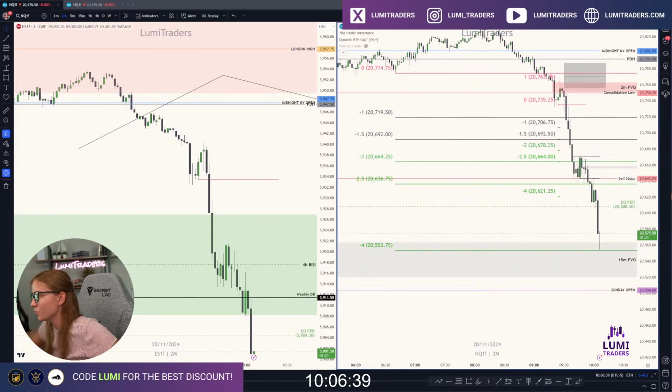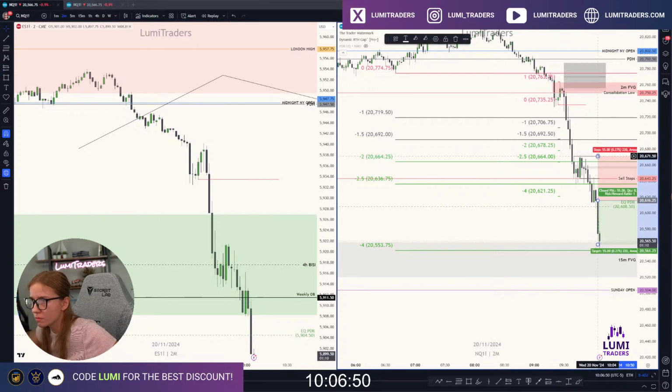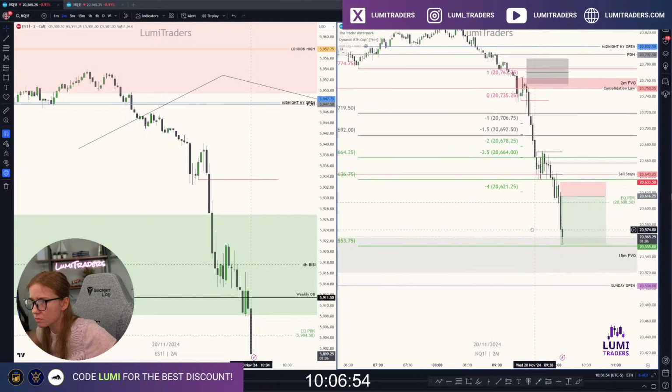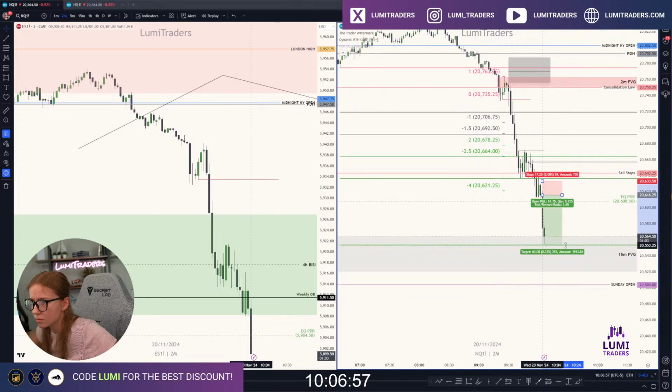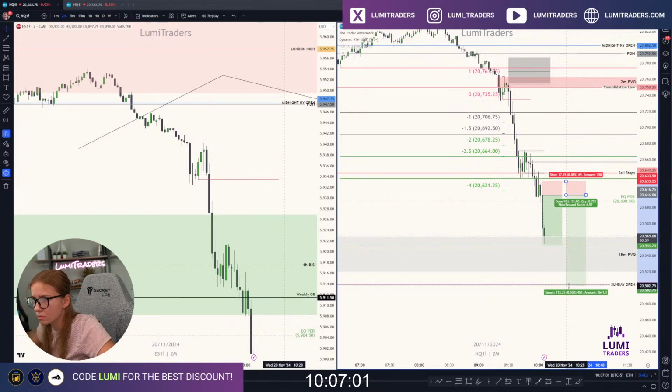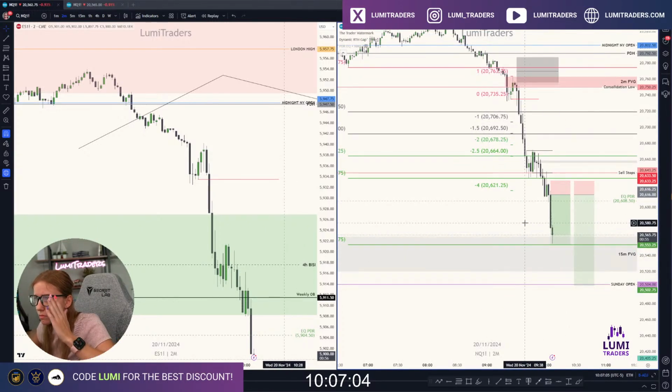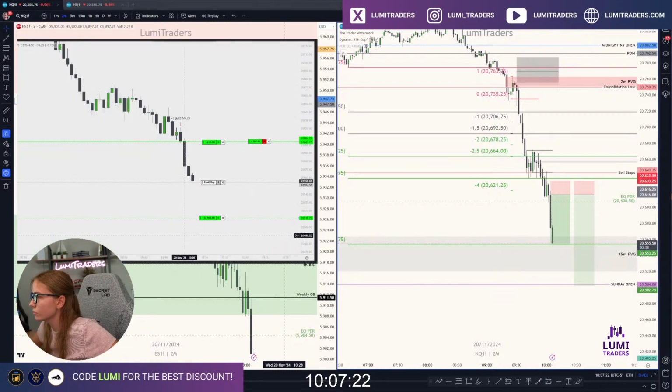If you want to long, let's fully short. Block partial 50 points.